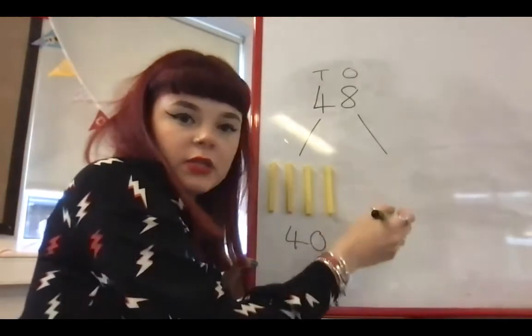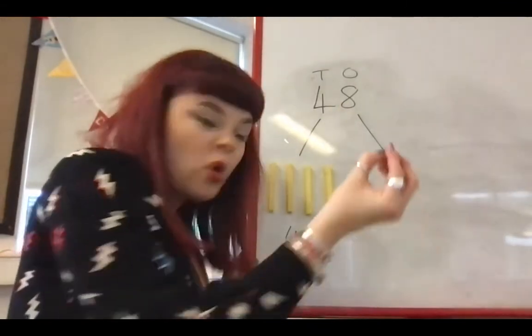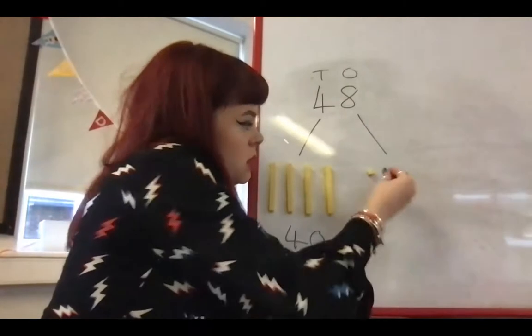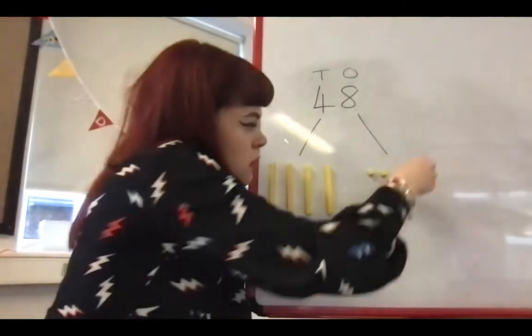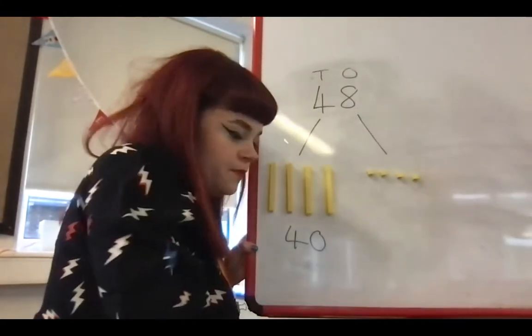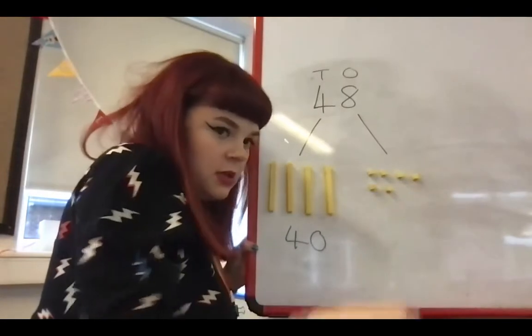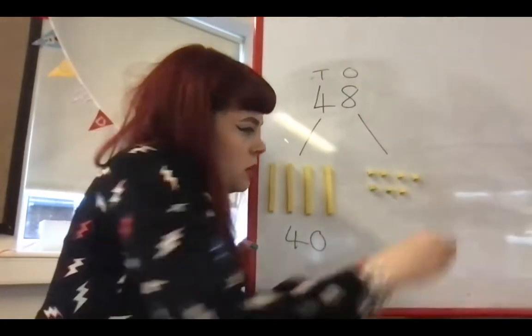Now then, on the other side of our part whole model, we've got the number 8, which stands for 8 ones. 1, 2, 3, 4, 5, 6, 7, and 8.